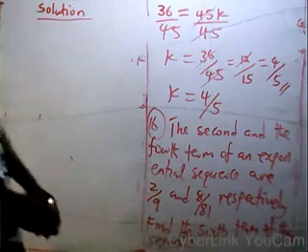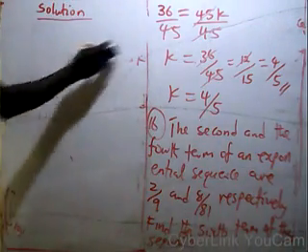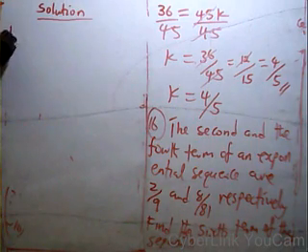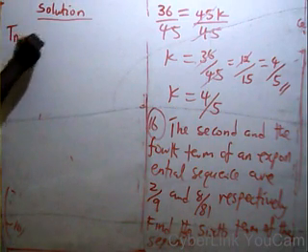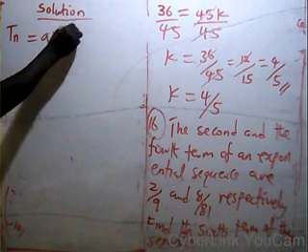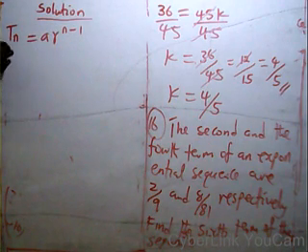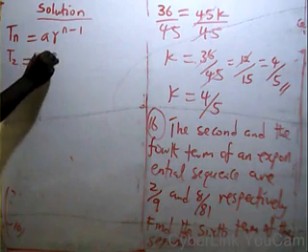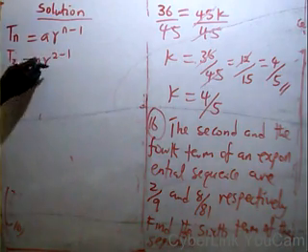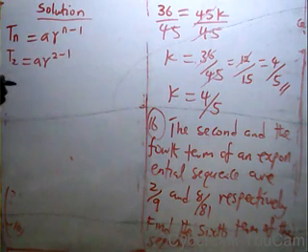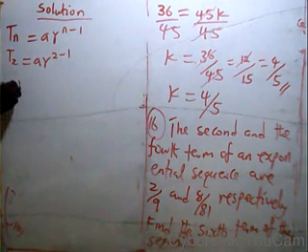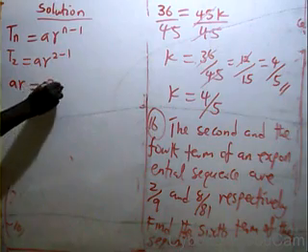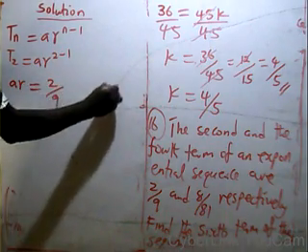Find the sixth term of the sequence. So remember the nth term of a GP, Tn is equal to AR raised to power n minus 1. So T2, the second term, is AR raised to power 2 minus 1, and that is AR raised to power 1, or AR. And that means that AR is equal to 2 all over 9. Call this equation 1.